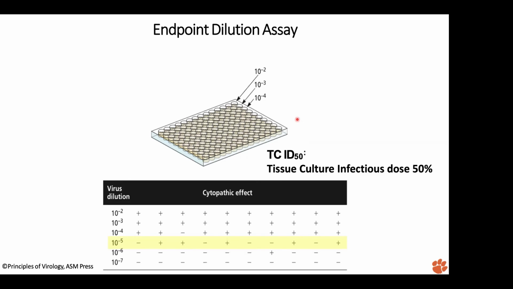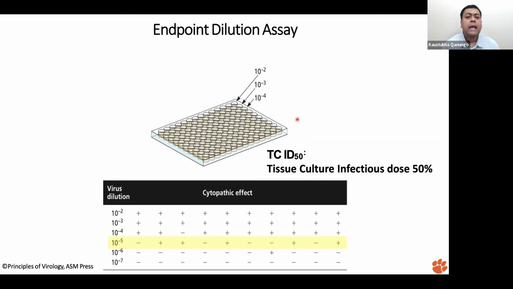Then you just wait, and after 5 days, 7 days, whatever the incubation period, you check those animals and see how many of them are sick, and you determine what dose of virus went to that specific animal. And when you do the sum of many replicates, you find the endpoint dilution.